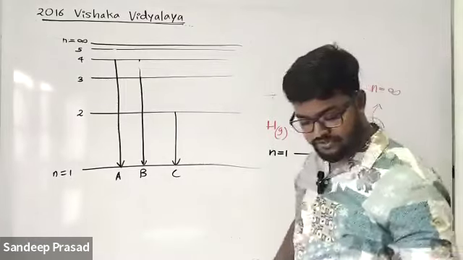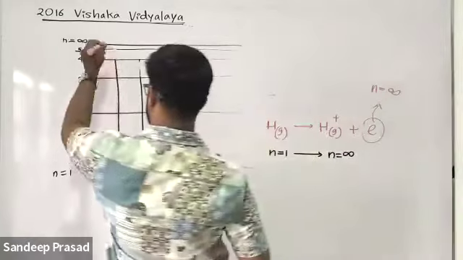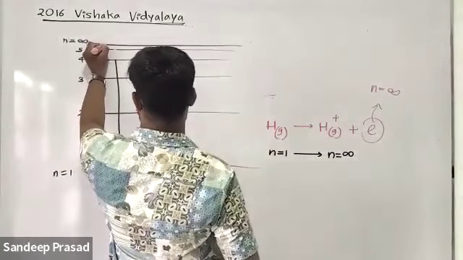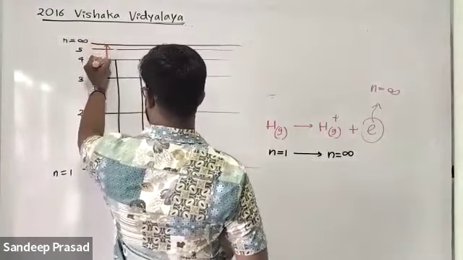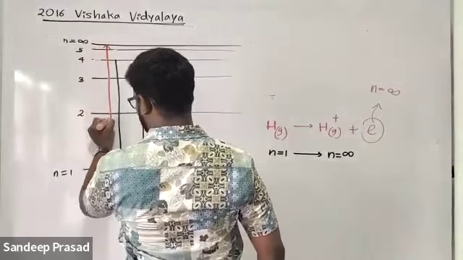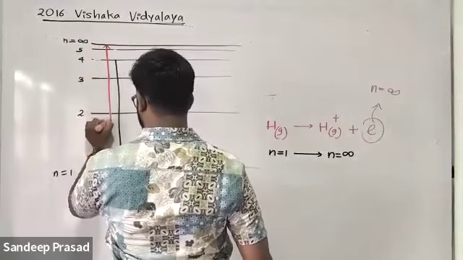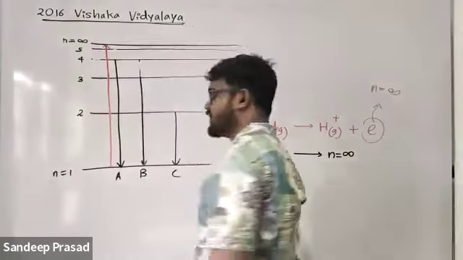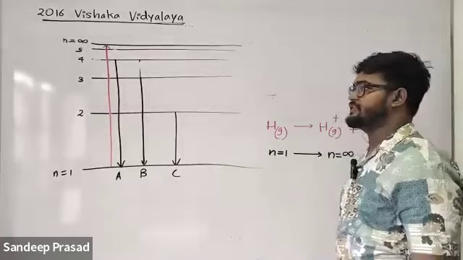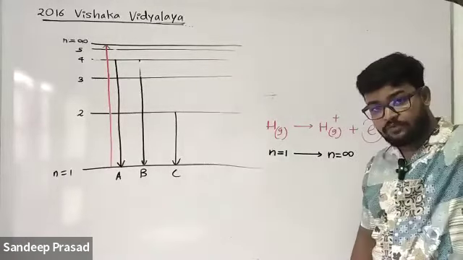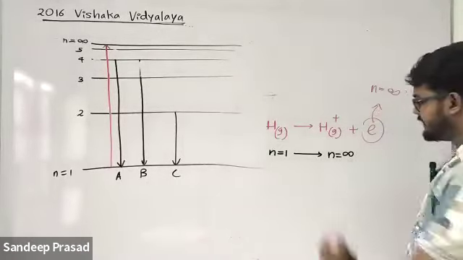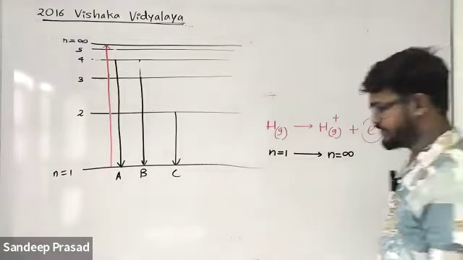So when you are drawing the electron transition in this diagram, it should be like this: n equal 1 to infinity. That means the arrowhead should be towards the n equal infinity energy level, because it's going to the infinity energy level in the ionization energy. So this is actually P.